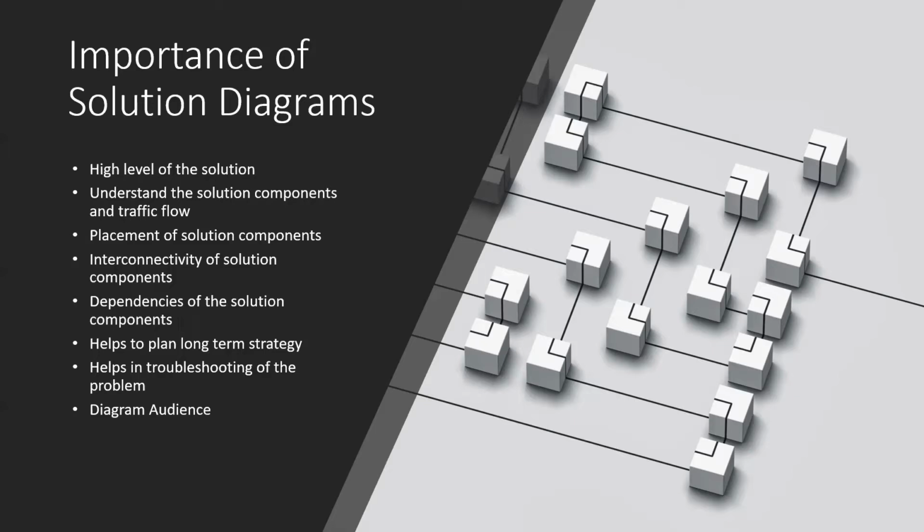When you are creating a solution diagram, it shows all the different components and how traffic is flowing between them, and it's very easy to understand the traffic flow and the solution components of the network architecture or solution architecture. So from the diagram you can easily understand that.